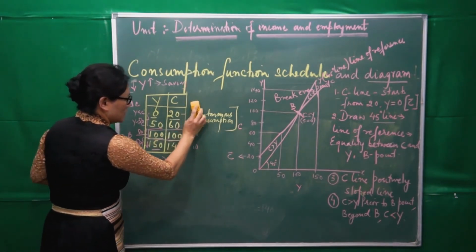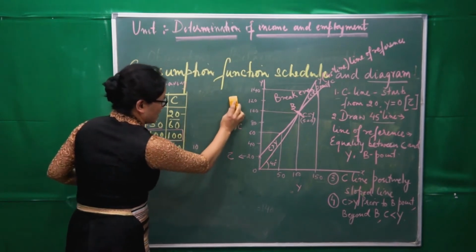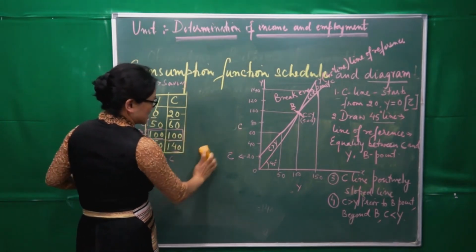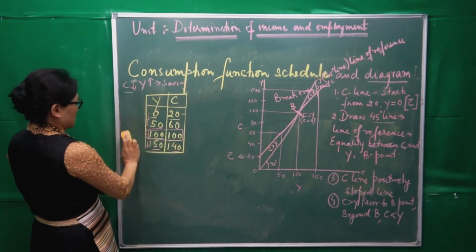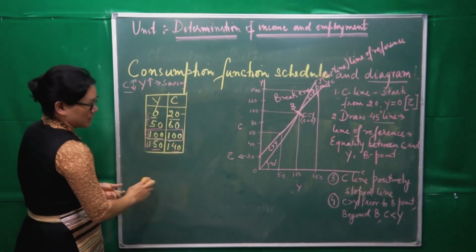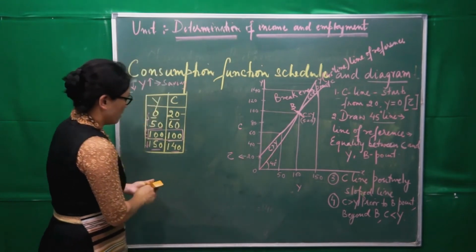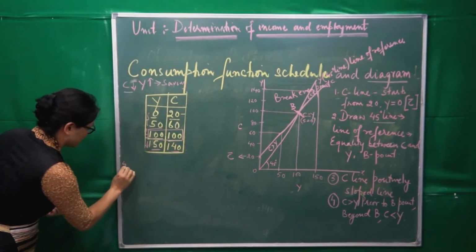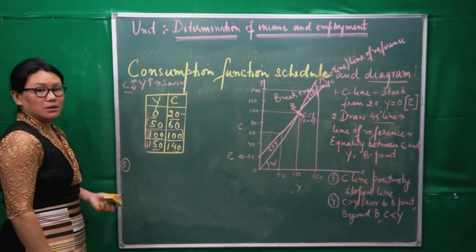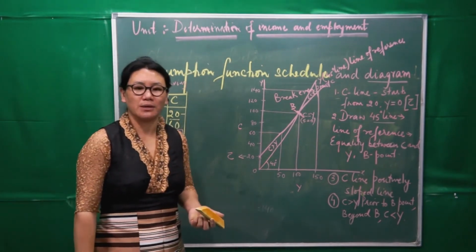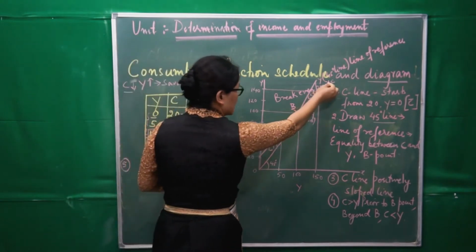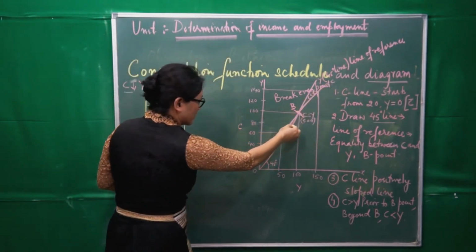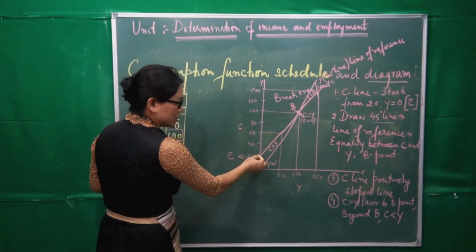Now, next, I will be using this schedule. Okay, same schedule. All right. So that was 4. Now the fifth one. Now what we have to see in this is, in this diagram, I said this is the C line. Right?